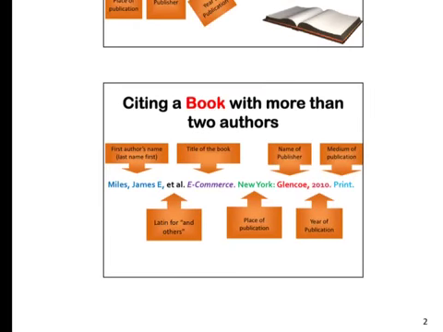But when you're citing a book with more than two authors, you want to take the first author's name and style it just the way you would if there was one author, but comma et al., meaning and others in Latin, to accommodate the other authors. And everything else is the same: title, publication information, etc.